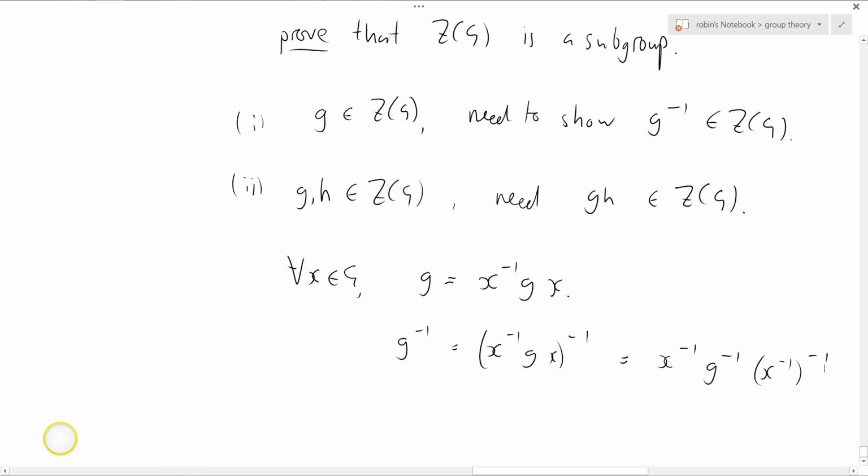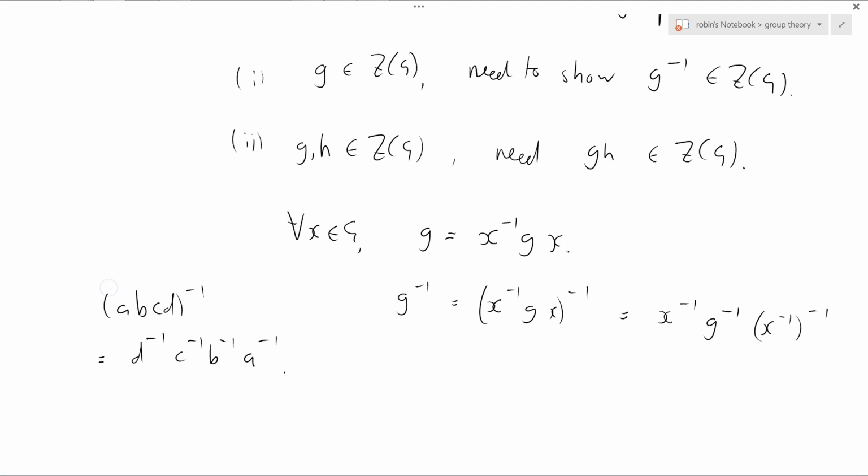To take the inverse of any product, if I go (abcd) to the minus 1, you'll remember that's equal to d minus 1 c minus 1 b minus 1 a minus 1. You can verify that simply by multiplying abcd by d minus 1 c minus 1 b minus 1 a minus 1. You'll see how I've taken the inverse of each element separately and written them backwards so that they all cancel out in pairs from the inside out.